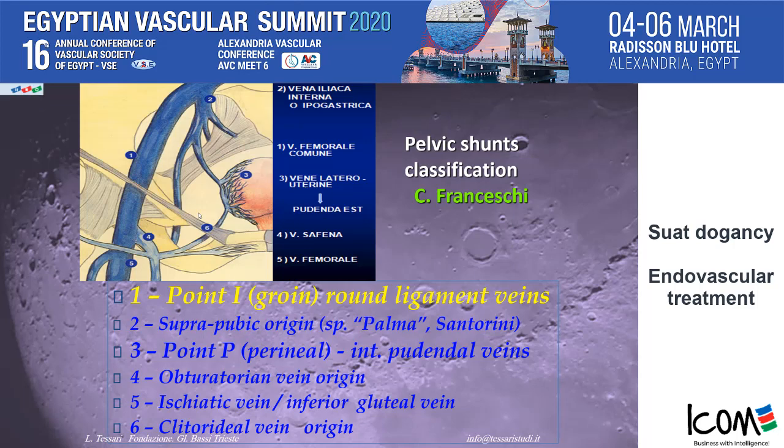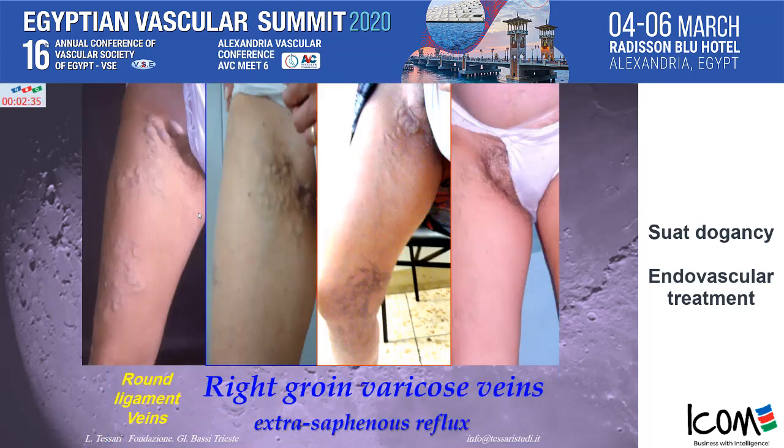And this is an anatomical classification from Claude Franceschi, where the blood that comes into the inferior limbs comes from point E, inguinal or groin, in round ligament veins.